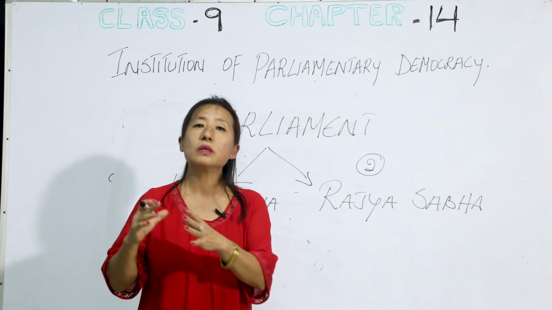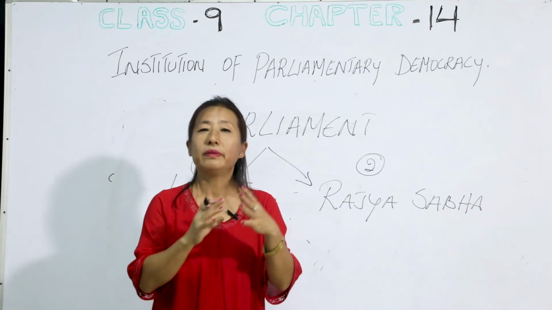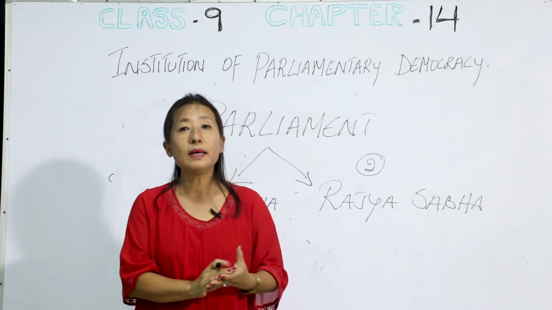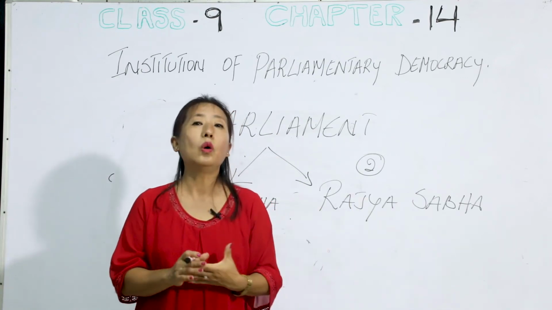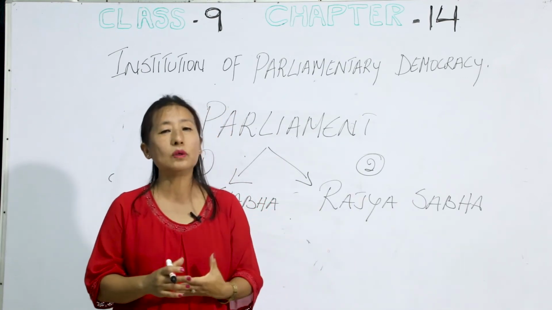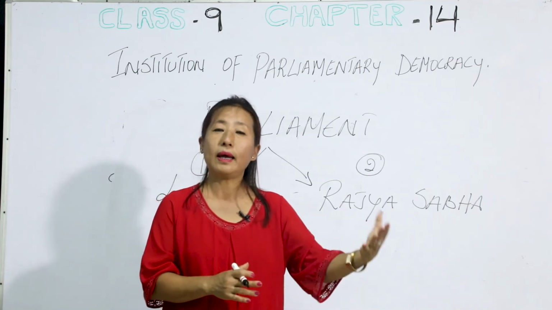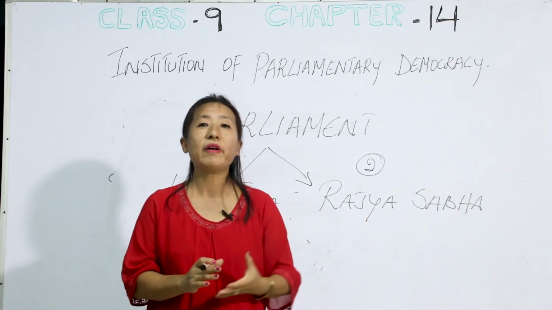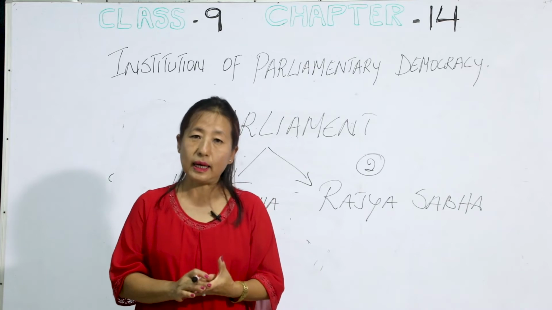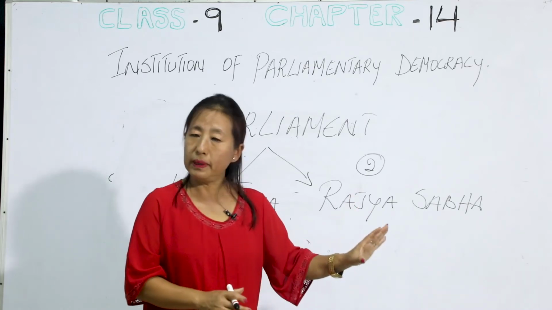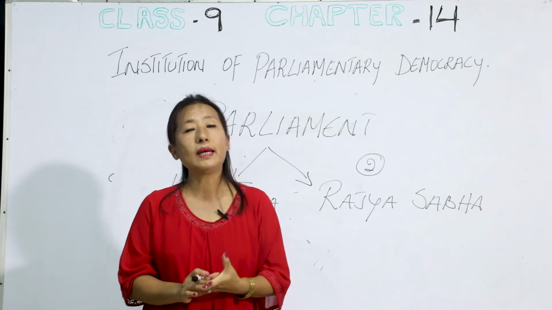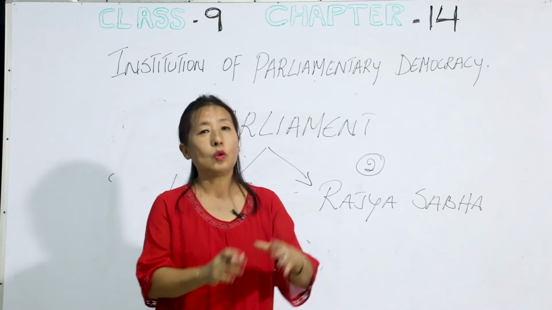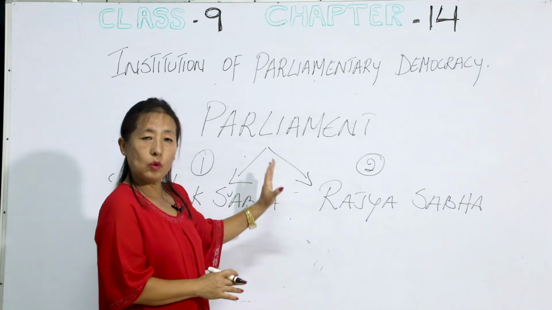Because its members are directly elected by the people, whereas the members of the Rajya Sabha are nominated. That means they don't undergo elections, but they are nominated by the various states in India. Apart from that, 12 of its members are nominated by the president. So here we have the two houses.